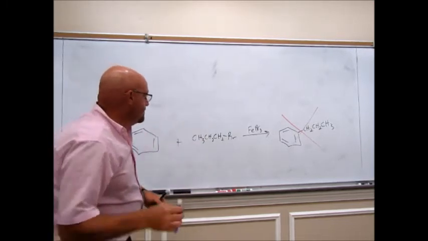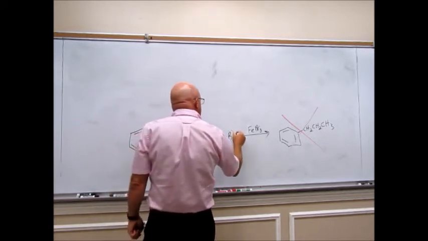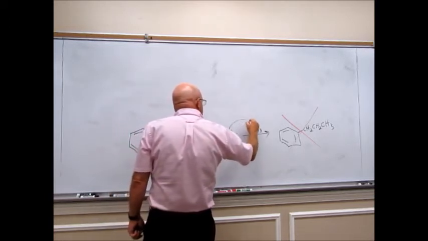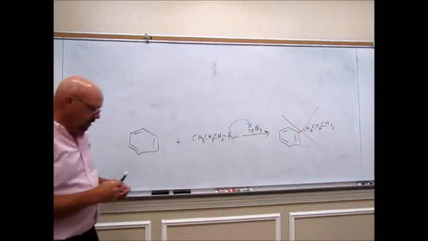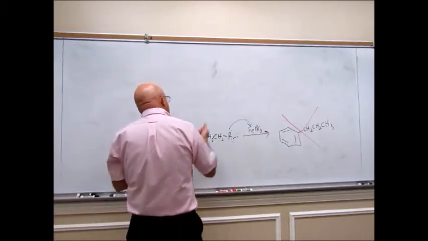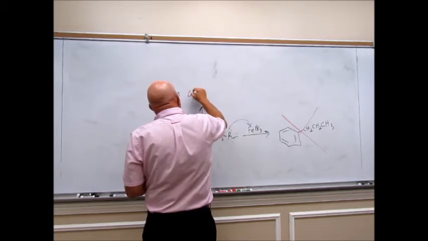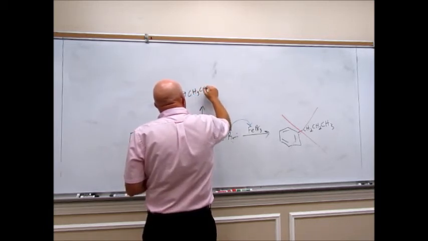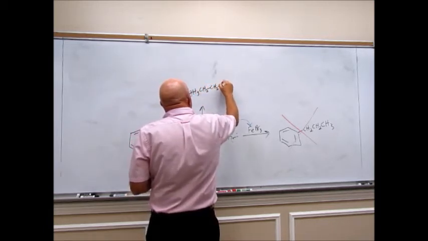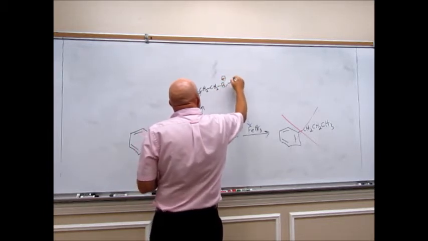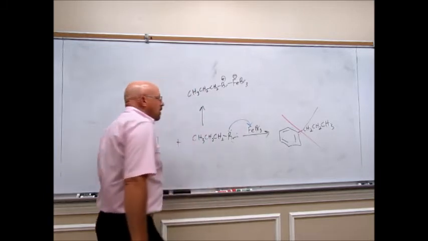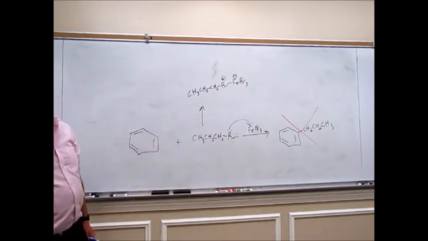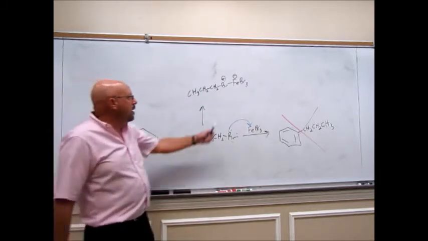So let's see what happens. Mechanism is the same to start with. Alkyl halide. We're going to give electrons to the Lewis acid. So that part of the mechanism is the same. That bromine now has a full plus charge. That bromine's not happy.